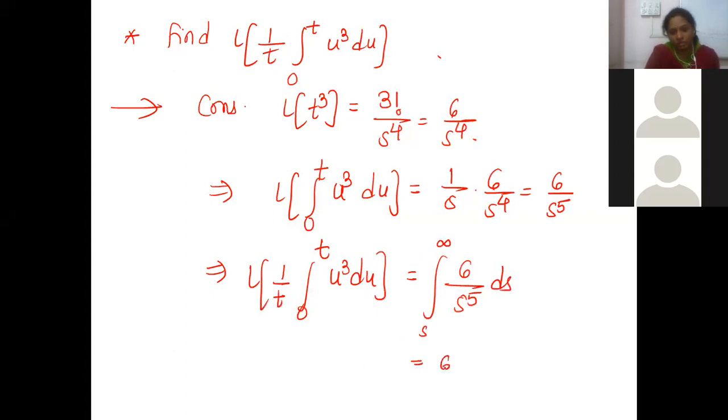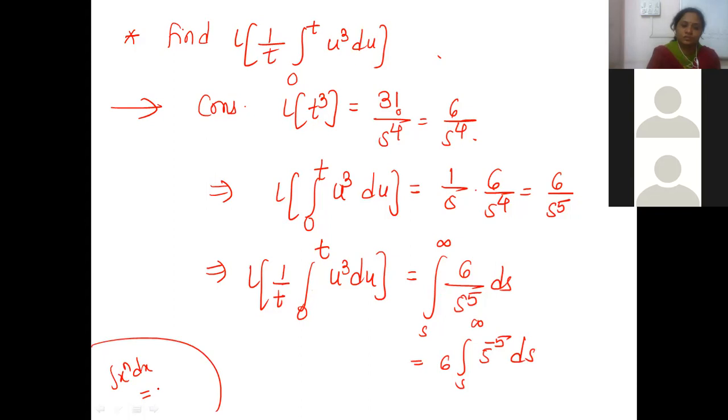Here 6 is a constant outside the integration. You can take it out: s raised to minus 5 it will be. And what is the integration? The formula for x raised to n dx is x raised to n plus 1 upon n plus 1. This is the integration, and the derivative is n into x raised to n minus 1.